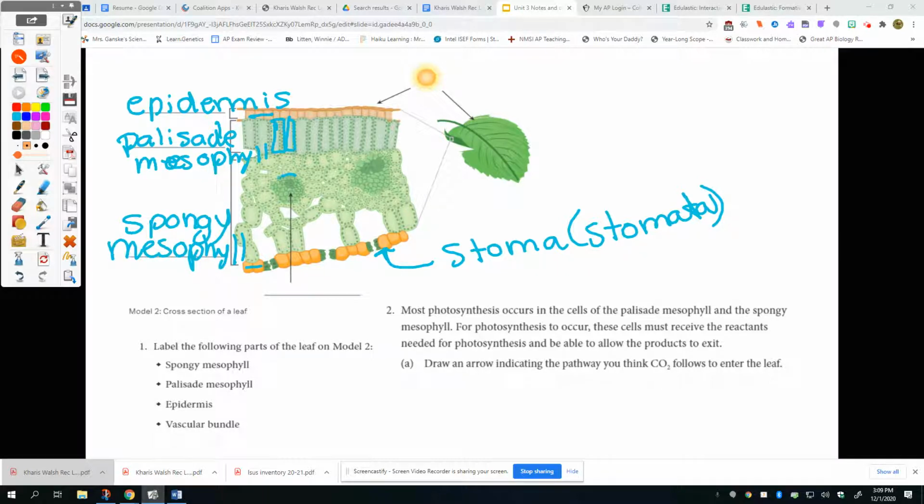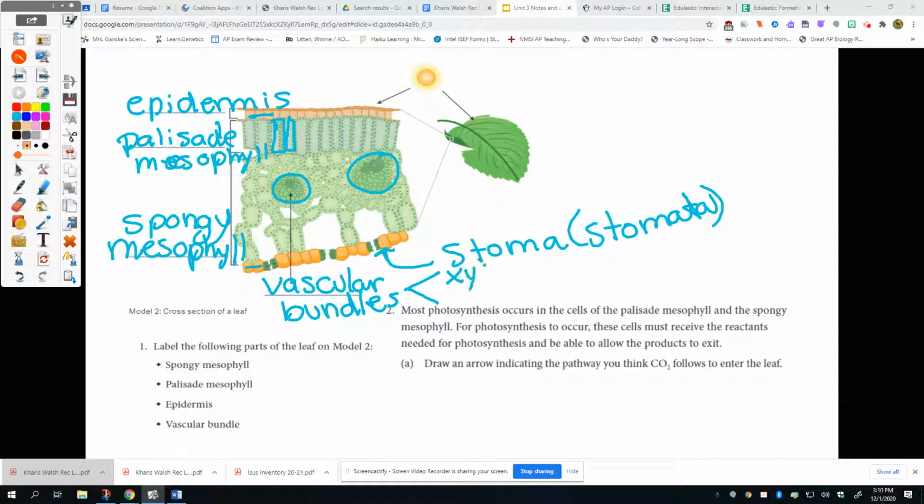Then within the spongy mesophyll, we see these bundles of circular cells. They are called vascular bundles. Vascular bundles are literally bundles of veins that can transport materials from the stems to the leaves, from the roots to the leaves, or from the leaves to the roots. And these vascular bundles are made out of two different types of tissue.